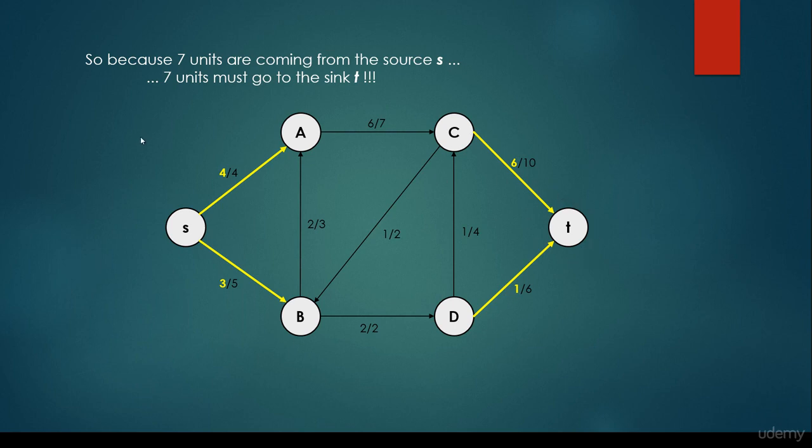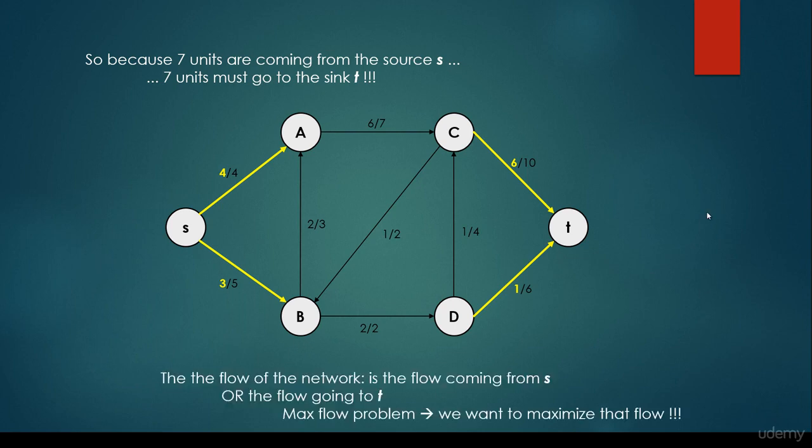And this property has to be true as well. So if we have, for example, 7 units of flow coming out from this S, then we must have 7 units of flow going in the direction of the sink. Okay, and basically it is a valid network flow because this is exactly what's happening. So the flow of the network is the flow coming from S or the flow going to T.